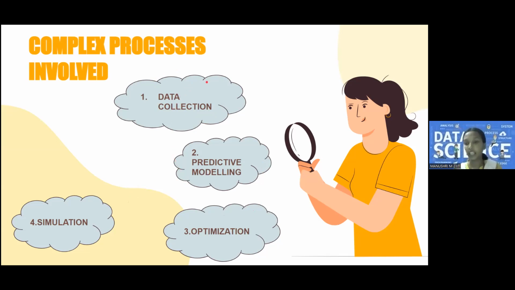We collect the data, perform predictive modeling, that is, which features are required and what the advantages and disadvantages are, followed by optimization, one best possible solution. Then we simulate it compared to our real-time application, and then apply it in a real-time application. These are the 5 complex processes involved here.